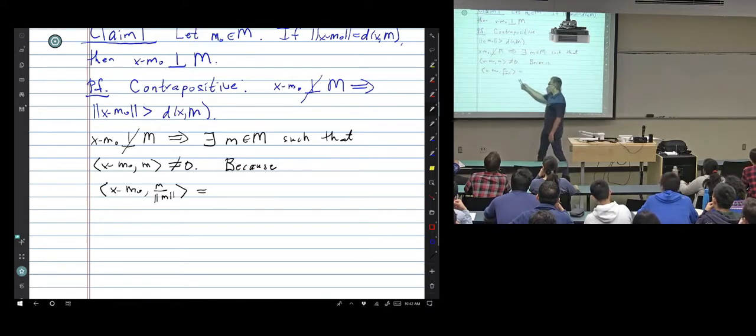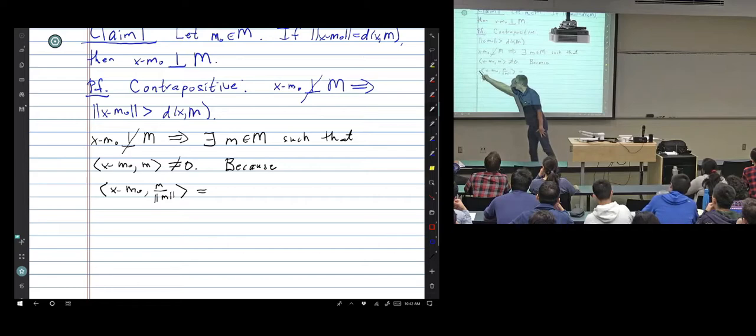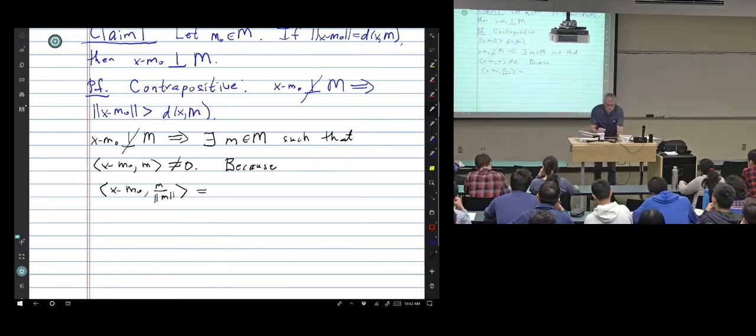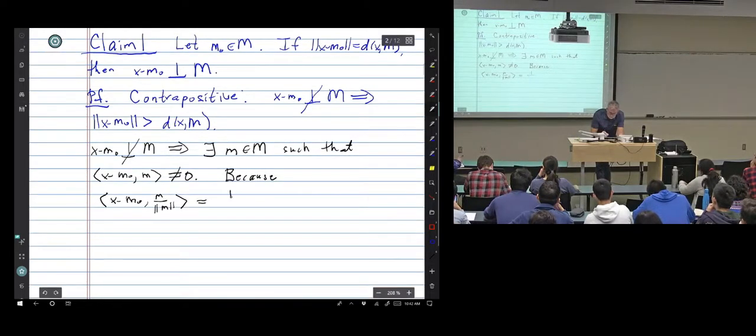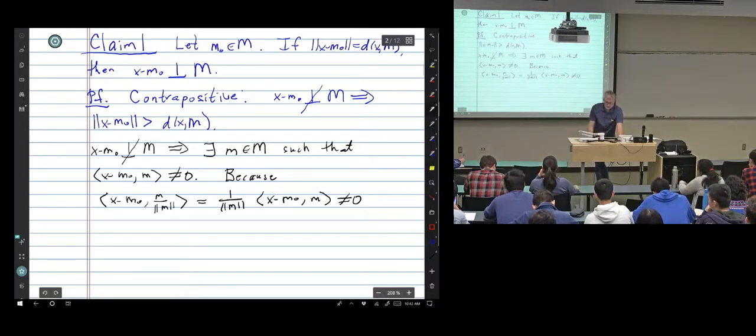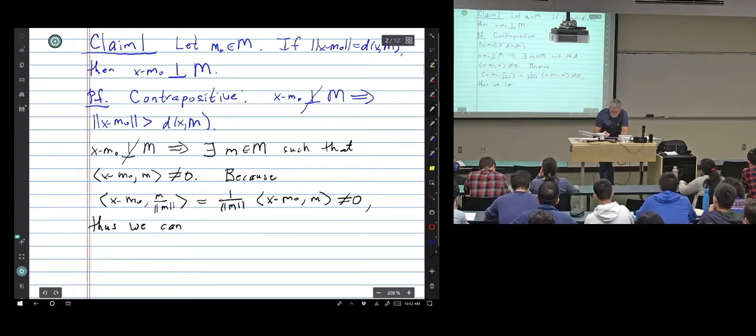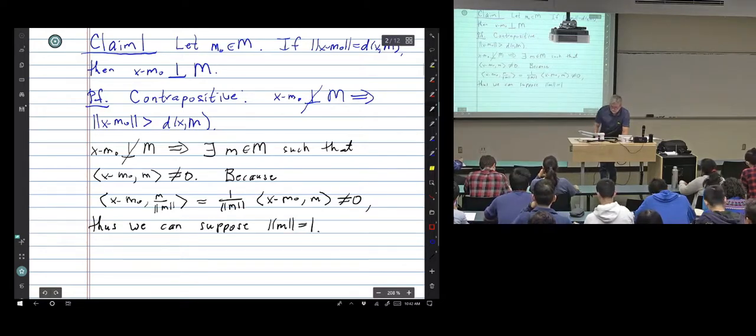But what is that inner product? This is just a constant, so I can factor it out. So that's 1 over the norm of m, inner product of x minus m0 and m. This is still not equal to 0. Thus, we can suppose that the length of m is 1.